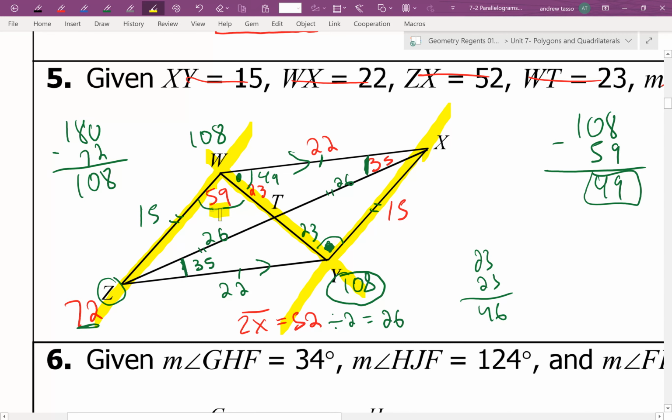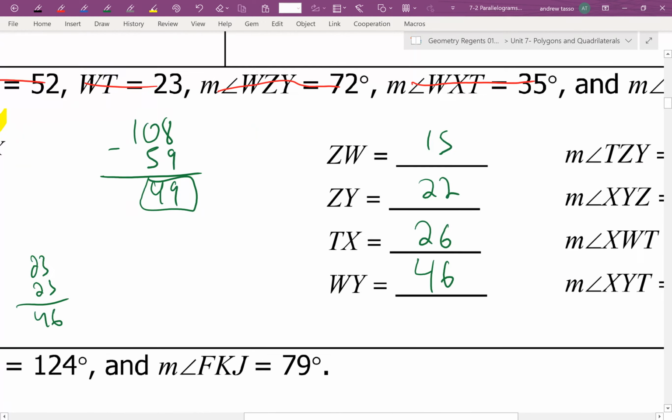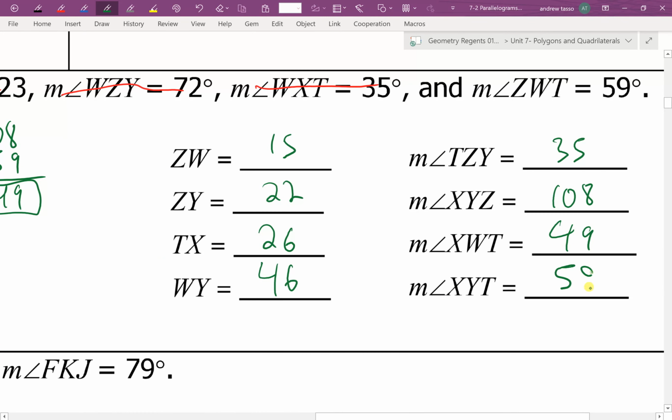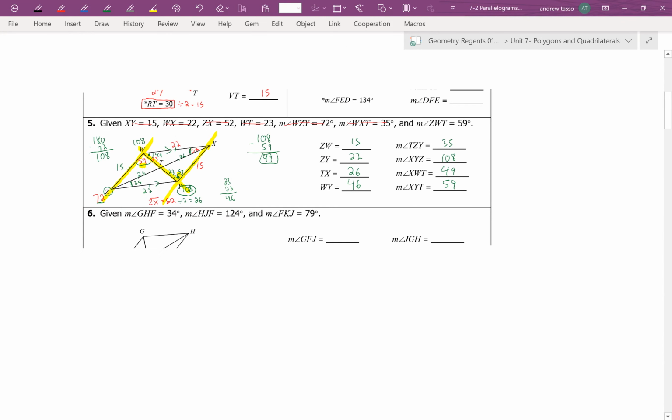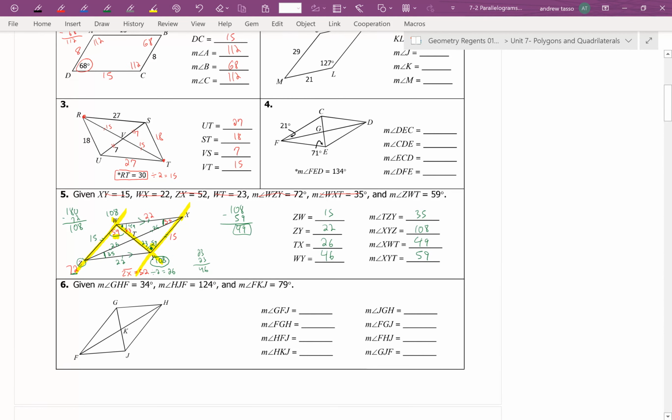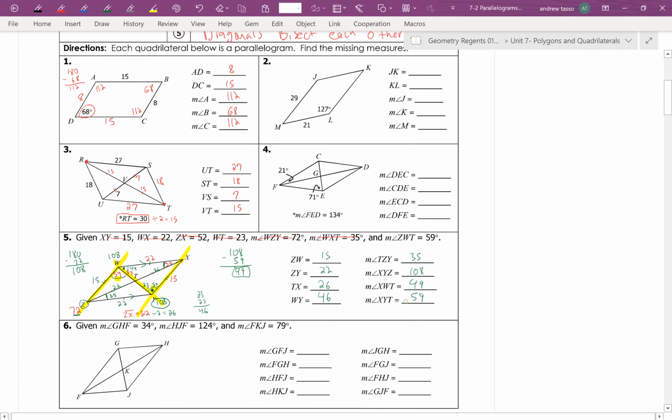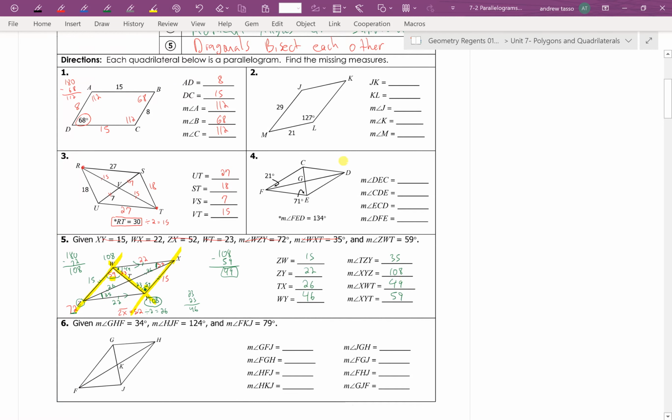Then this being 59 means that this one would be 59, simply because they have to be alternate interior angles, right? So let's write 59 degrees in for that. Okay. And then we're basically all set. So I'll have you guys now try numbers 2, 4, and 6 on your own, and we'll be back to go over those in a moment.